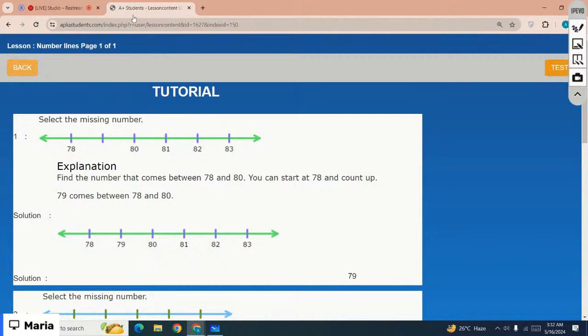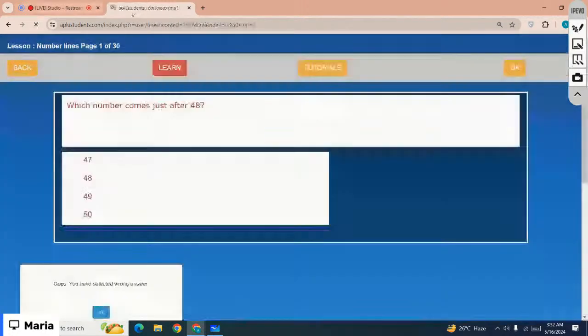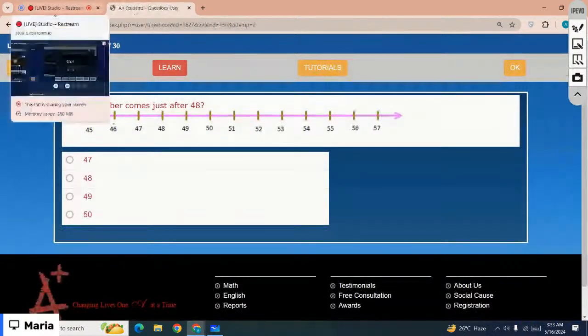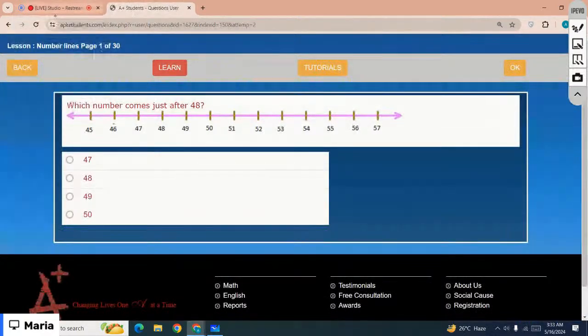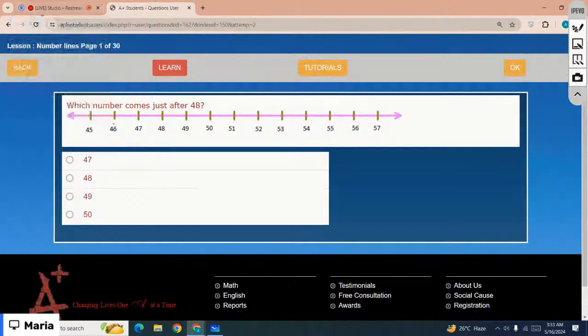Let's just start with the test questions. Which number comes just after 48?